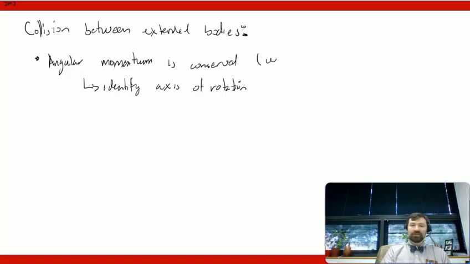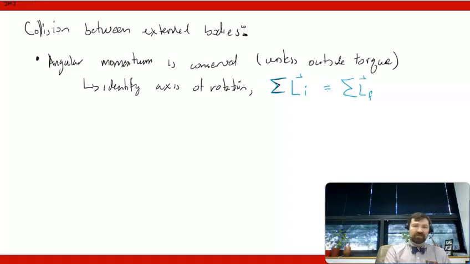So this is unless outside torque is applied. But again, you'd have to find something that could supply that outside torque. So generally speaking, you're identifying the axis of rotation, and then you're basically doing sum of the initial values, so sum of the initial angular momentums and sum of the final angular momentums has to be equal.